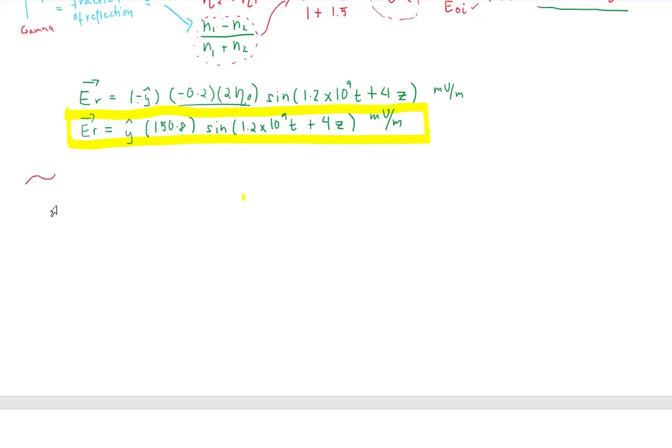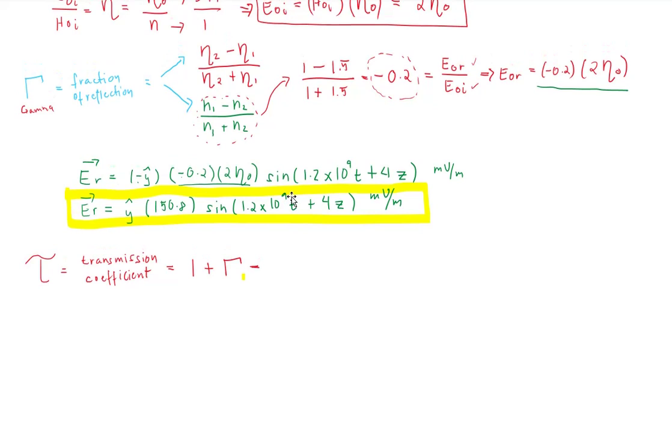Remember tau, and that is equal to 1 plus gamma, and seeing that gamma is negative 0.2, that's just going to be 1 minus 0.2, and we get 0.8.